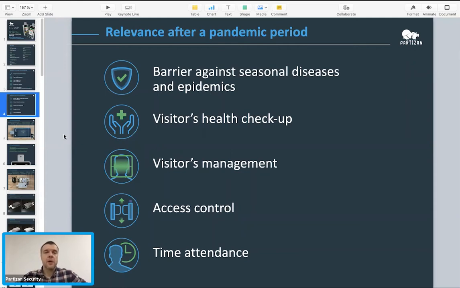And finally, this device can help you with time attendance. You can track your workers when they come, if they were late, and if they are coming to work at normal hours or outside of normal hours. All of that is possible in a more or less basic version with this device.